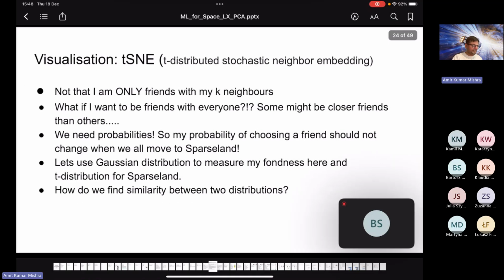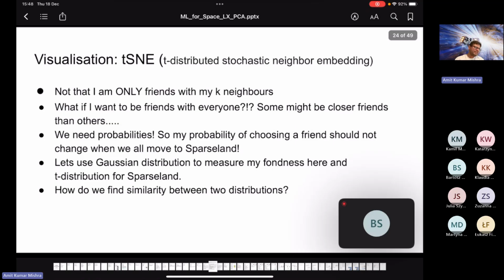Now, just finding the nearest neighbors may not be enough. Sometimes it is not just the distance that matters, it also matters how you are related, right? So just finding the Euclidean distance to measure the nearest neighbor is not enough. There are other ways, I think we have discussed different distance matrices, right?